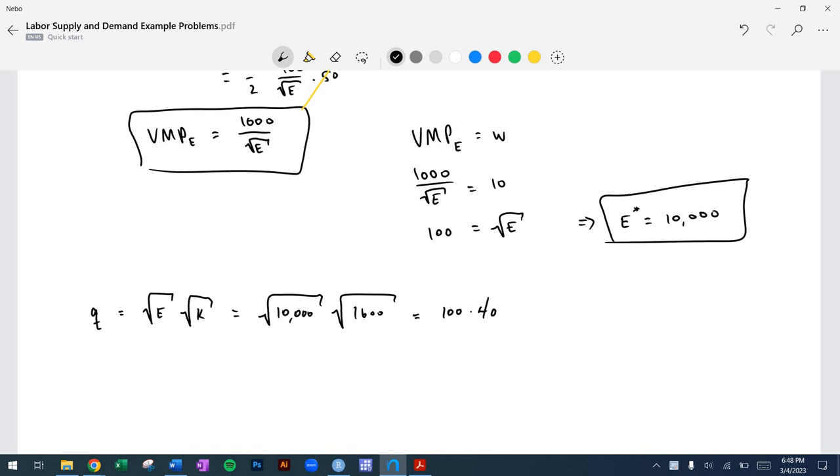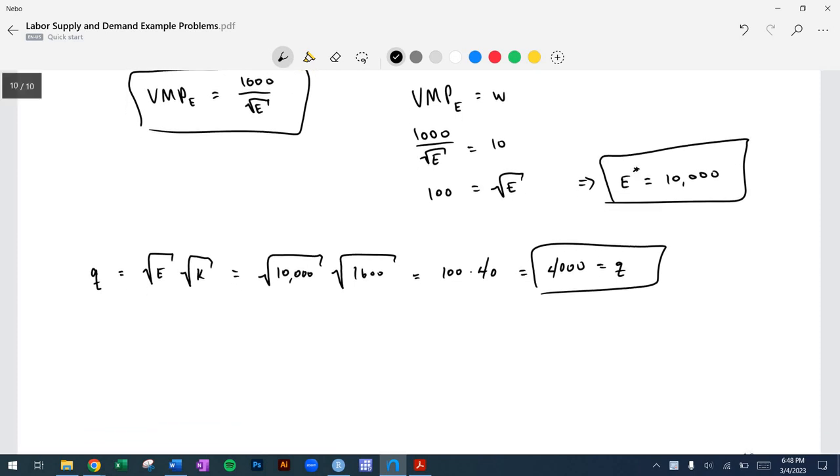Let me just double check that. Yeah, 40. And then that gives us a total of 4,000. So output with the optimal number of workers is 4,000.